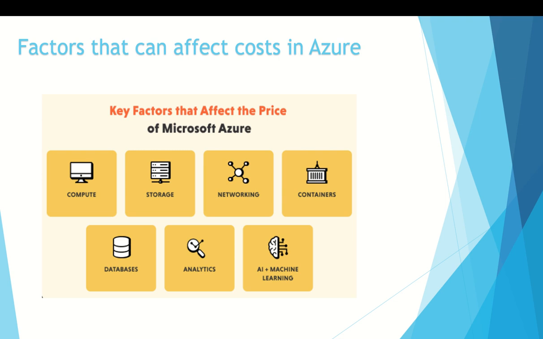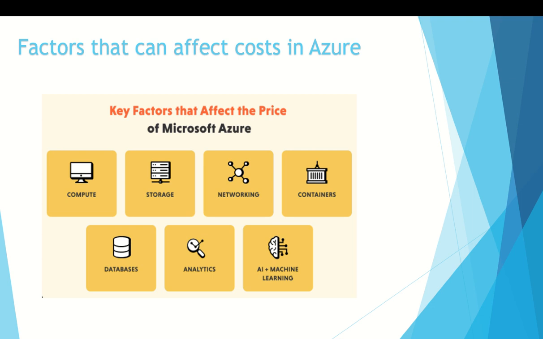Azure shifts development costs from the capital expenses, that is capex, of building out and maintaining infrastructure and facilities to an operational expense, that is called opex, of renting infrastructure as you need it, whether it's compute, storage, or network, and a lot more.